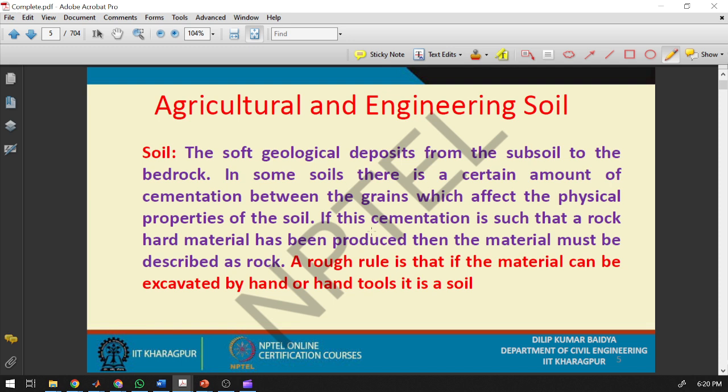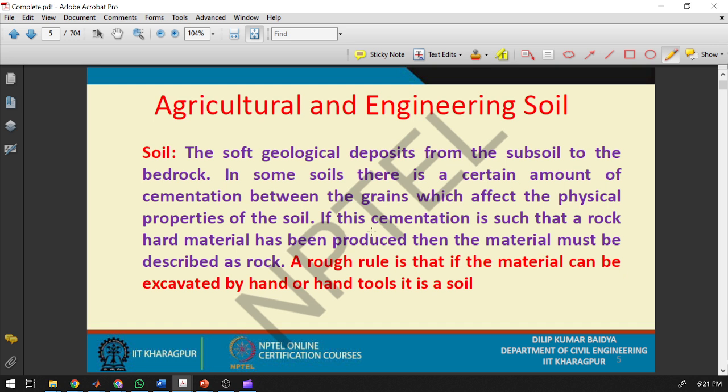We are more fixated on the topsoil, the top layers of the soil. But when we talk about the engineering aspect, we are less inclined towards the nutritional value of the soil. We are more inclined about the strength of the soil, the slope stability, the bearing capacity. Like if we build a structure on it, how much will be the settlement? These are the things that are concerned in the engineering soil.